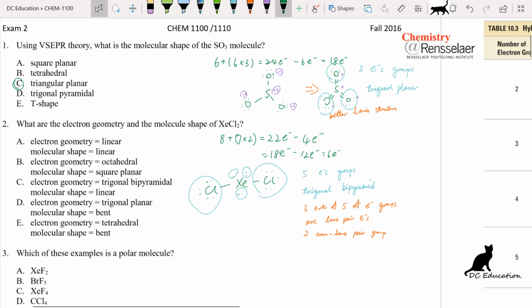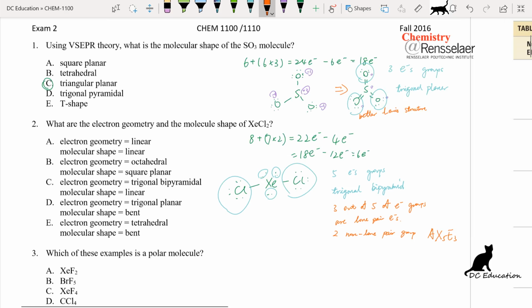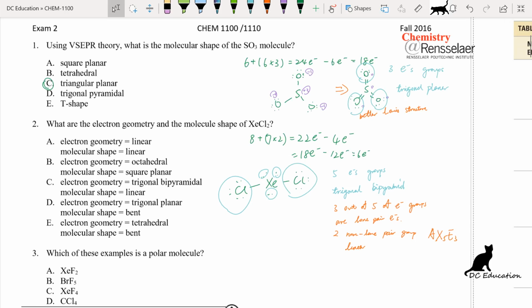So by definition this is AX2E3. And if we check the handout we had, it should be a linear molecule, which kind of makes sense.